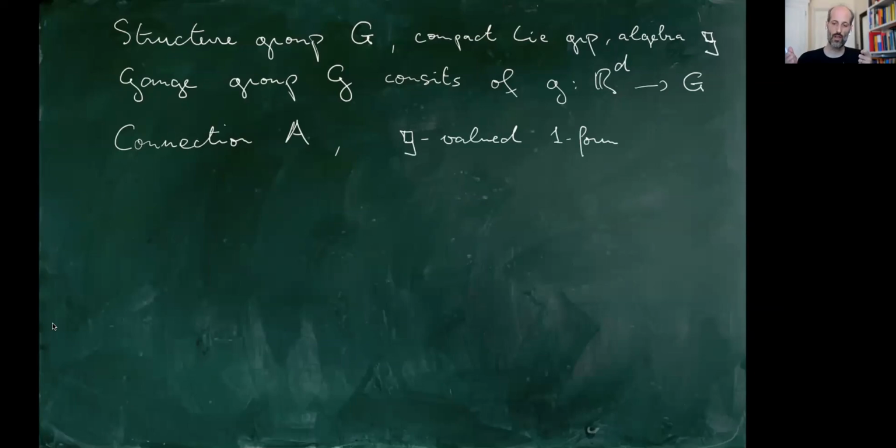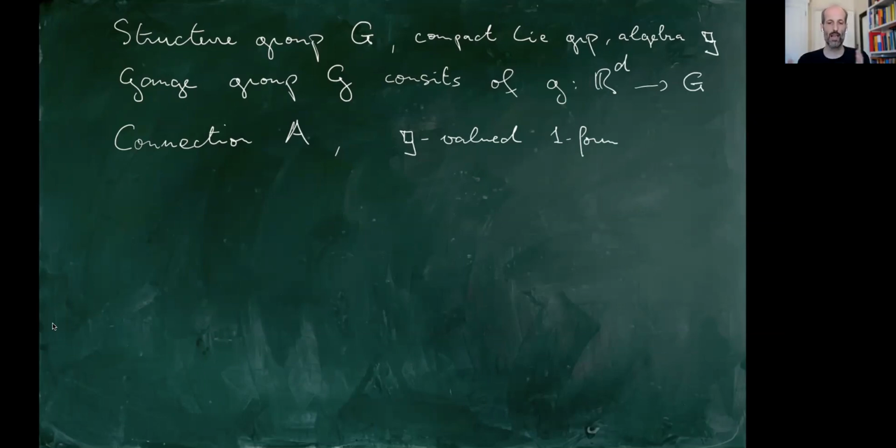And the way it transforms, so we've seen in the discrete case, your space would be a graph. And so you think of the space-time points as being the vertices of the graph, and you have edges along which you can move. And the analog of the connection would be just an element of G attached to each edge. Okay?